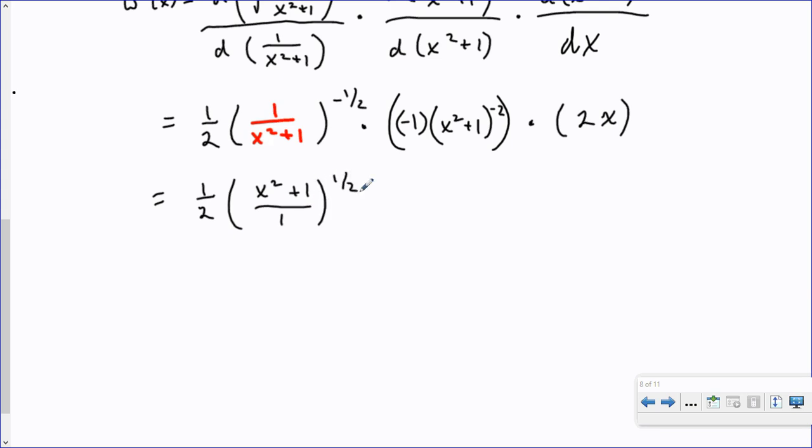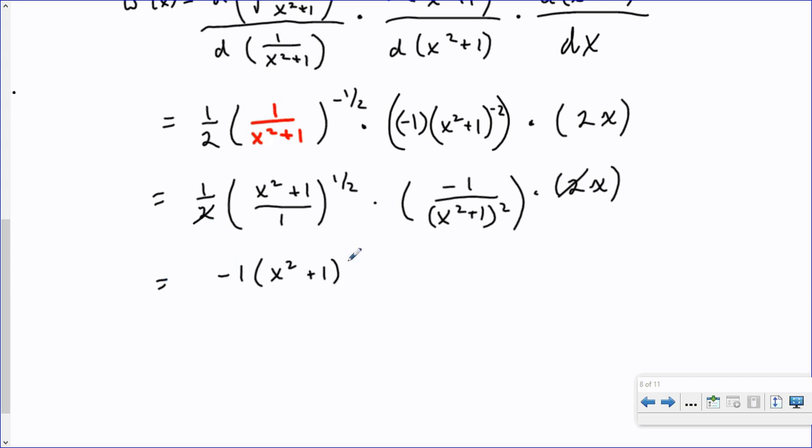That's just the reciprocal of a reciprocal. This one is negative 1 over x squared plus 1, and then I have a 2x. Now my 2's will cancel. My negative 1 I've got in my numerator, and then I've got another x.